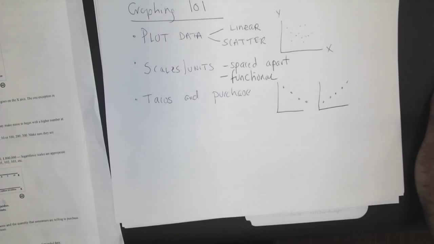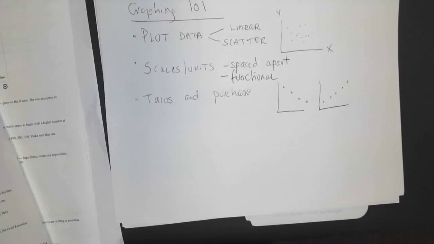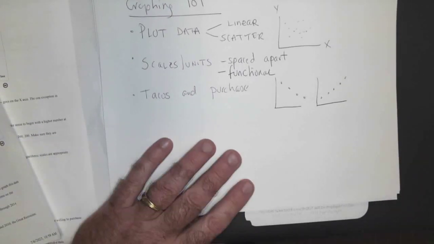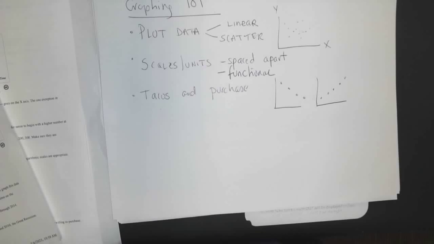In some of your math classes, you may actually be doing this when it comes to looking at scatter plots, meaning the numbers may not always line up nice and neat. You may have to figure out the best way to capture these types of relationships. All right, so hopefully that little video made sense.